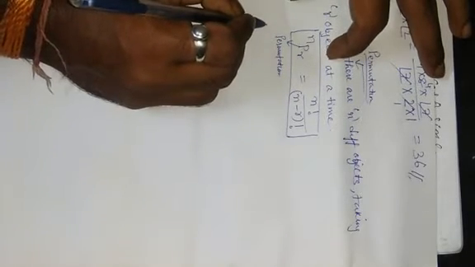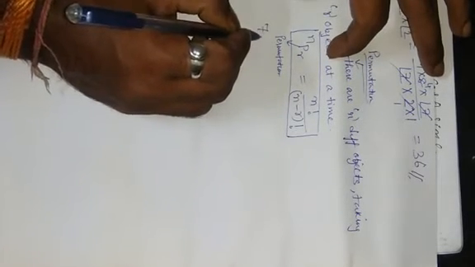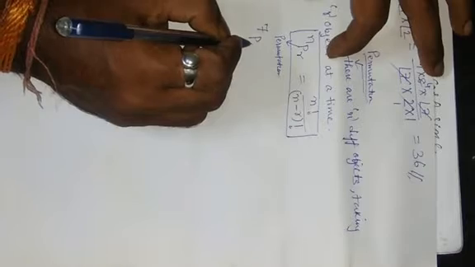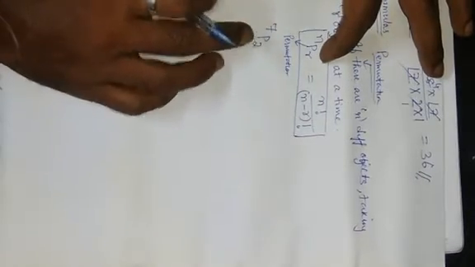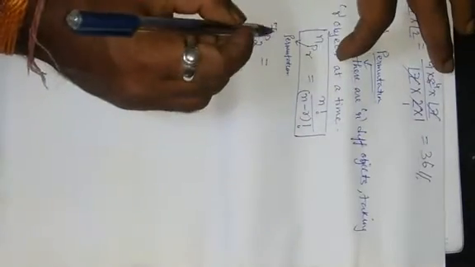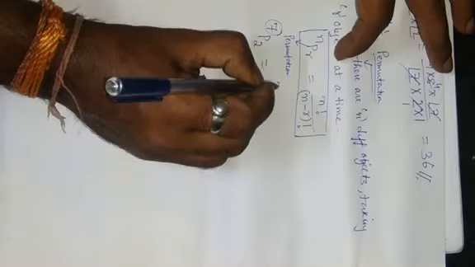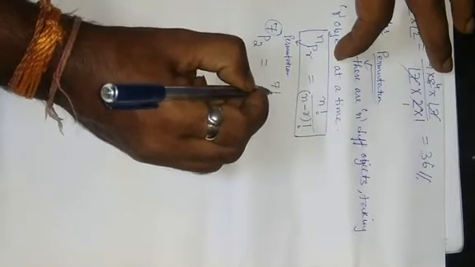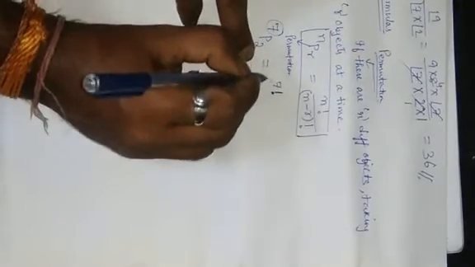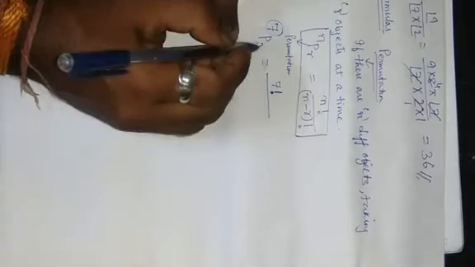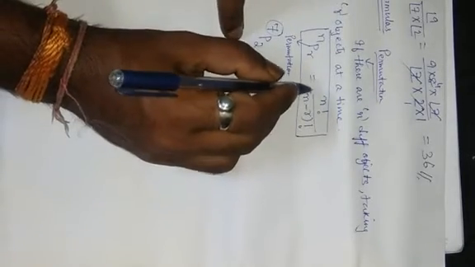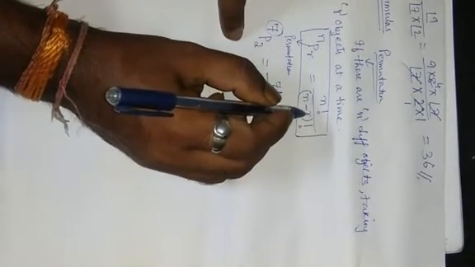Find the value of 7P2. So what is our formula? n factorial. So what is the value of n here? It shows that the n value is nothing but 7, divided by, what is the denominator? n minus r factorial.